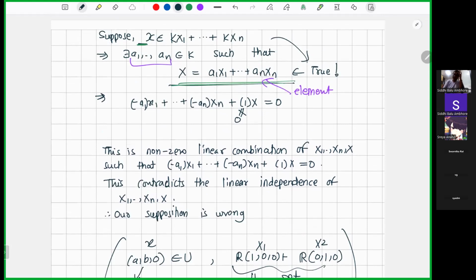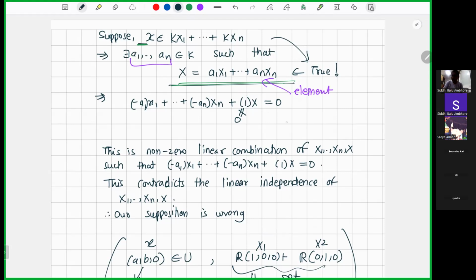Yes. And now I wanted some non-zero linear combination. Non-zero means I wanted the coefficient of at least one of the vectors to be non-zero. If I call this a n plus 1, this a n plus 1 is my 1 now.